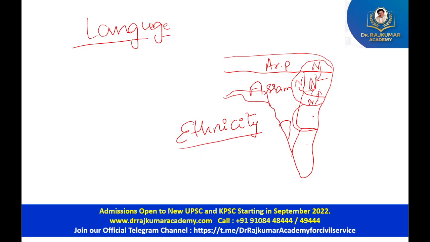And if this can happen, it would be good because today we have Bangladesh and Myanmar, who are good friends of India. So the first division was on the basis of language, the second division was on the basis of ethnicity, and the third was Chhattisgarh divided from Madhya Pradesh, Jharkhand from Bihar, Uttarakhand from Uttar Pradesh.